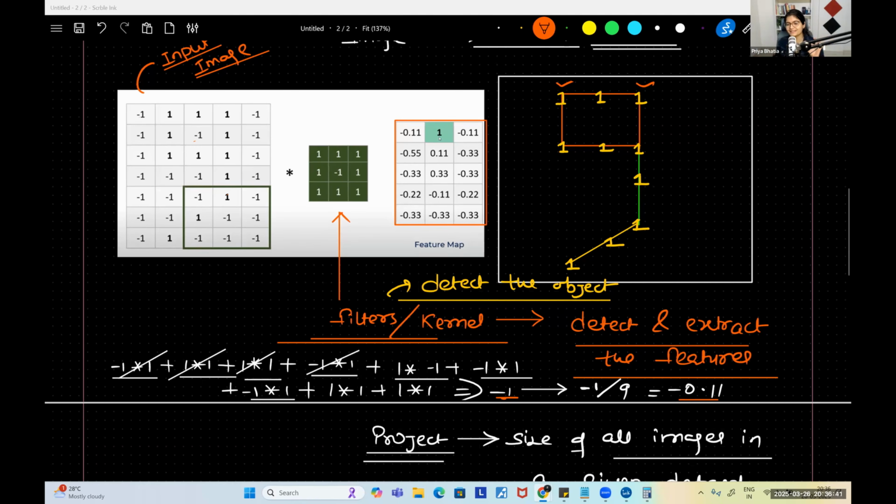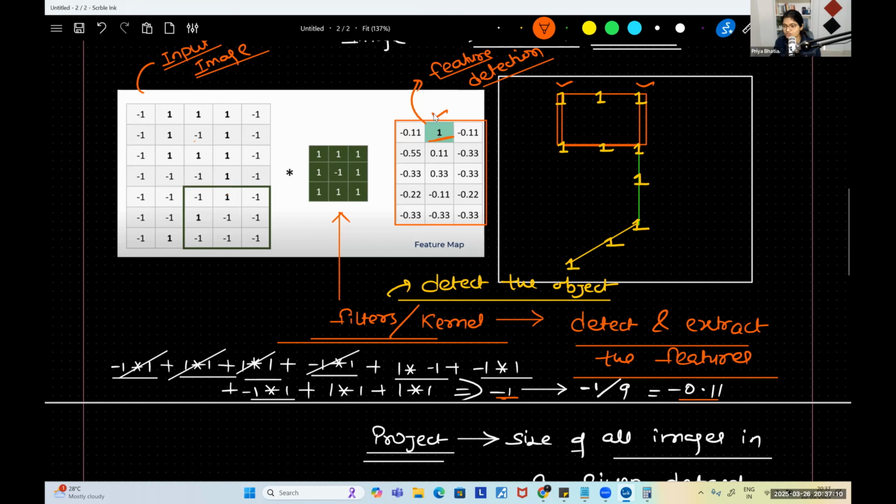Now, the important thing is, wherever in the output you're getting 1, it means this is the feature detection which our model has done. This is where somehow our 9 picture will be captured. Maybe this belongs to one of the edges where the 9 is available. Maybe it will capture this square box entirely.